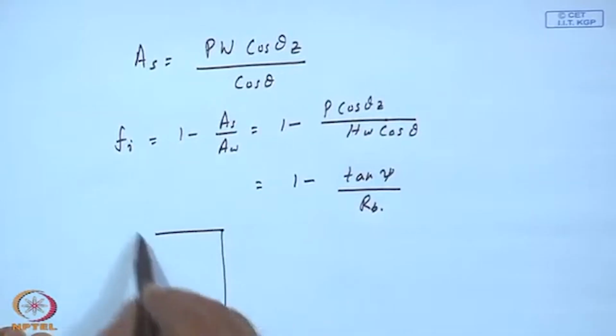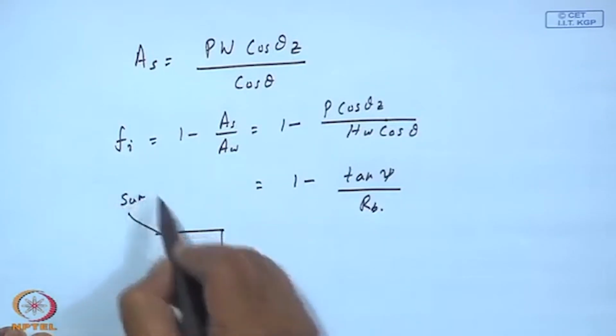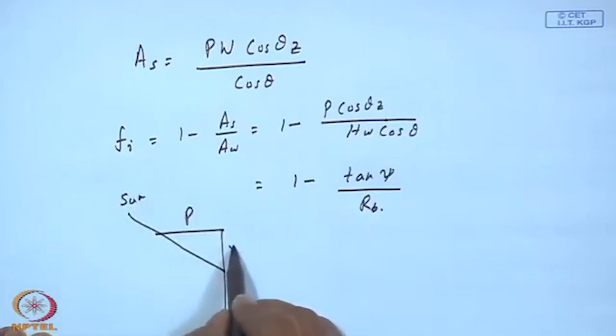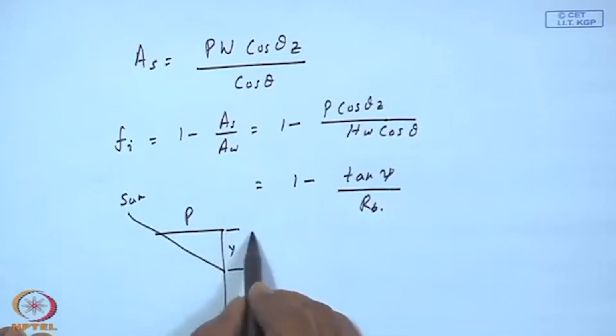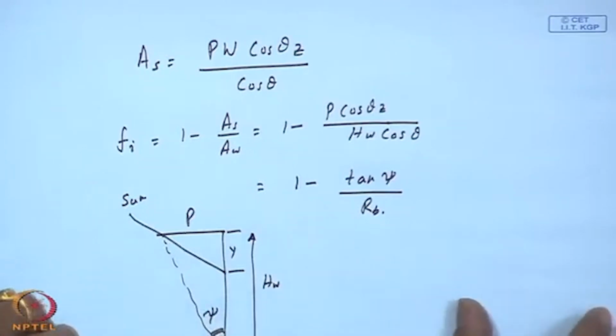This is the sun's ray, this is the projection, this is Y, and this is HW, and if I draw a line like this it will be psi.